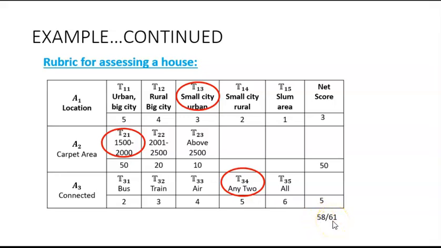So if you have, let us say, 10 different candidate houses, for each house you build such a table. This table is what we call a rubric. If you are trying to build a rubric for a laboratory course, you will build one such table and evaluate all the students based on the table.